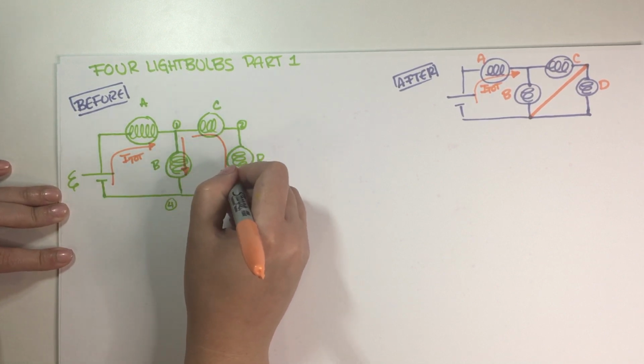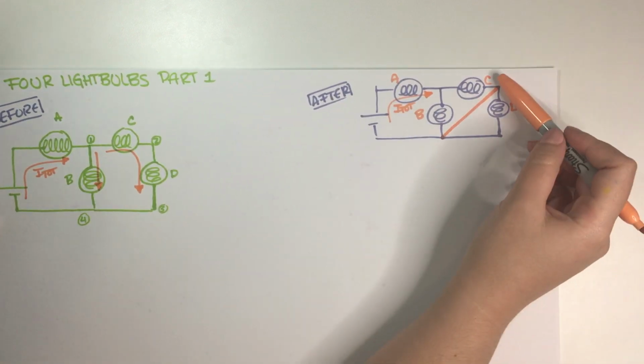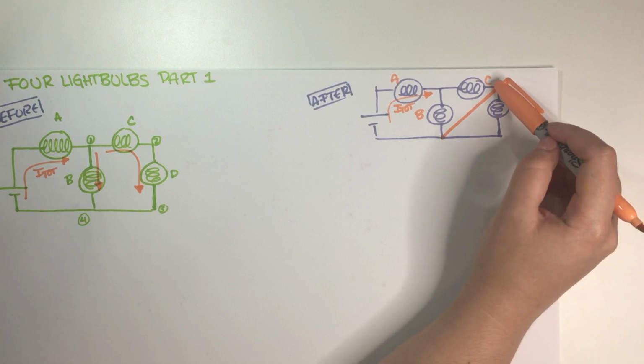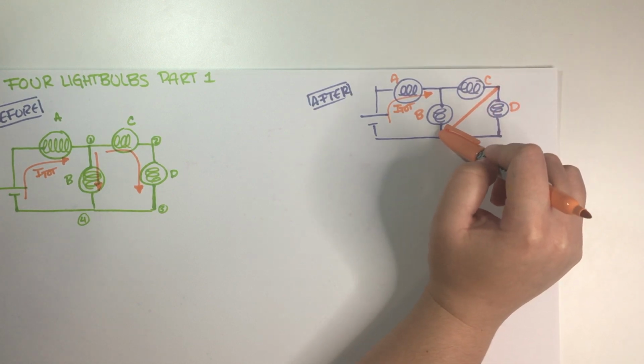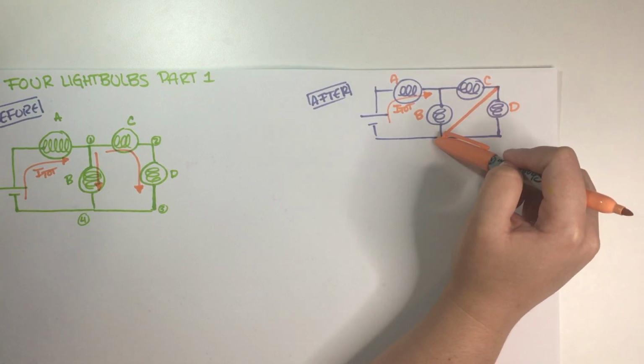And then some of it was going this way, and then they reconnected. Except once the current gets over here, it now has the option of either going through this wire straight to this corner or crossing through D, which is a resistor.